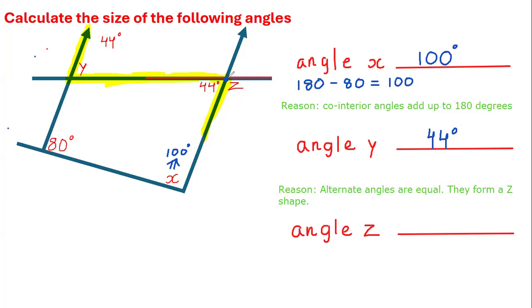So angles on a straight line at a common point must add up to what? 180 degrees. So what does that mean? That means it's going to be 180 minus 44. 180 minus 44 gives us what?